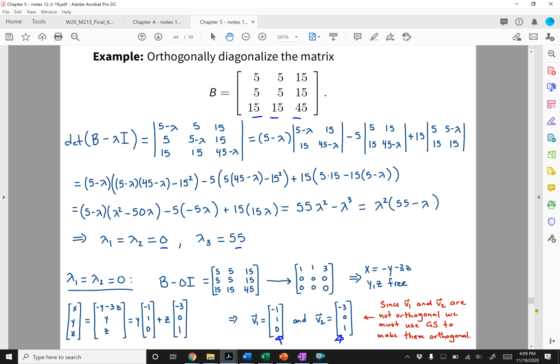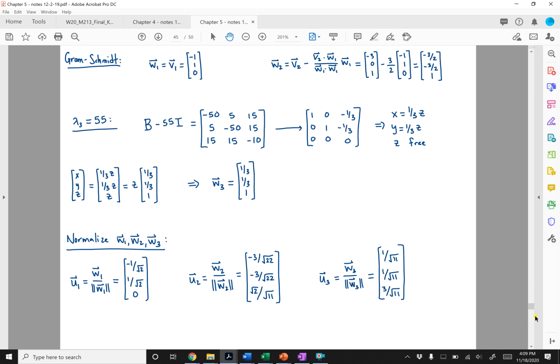And in this case, we are not so lucky. These are not orthogonal, so we have to do the Gram-Schmidt. So we're going to take V1, and then we're going to take V2 and subtract the projection of it onto V1 to create our new orthogonal vector. That is illustrated here.